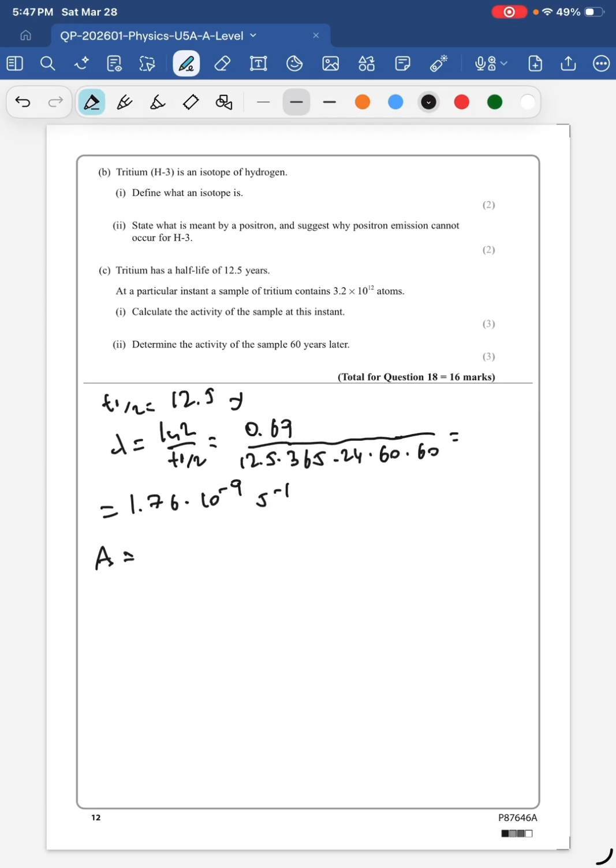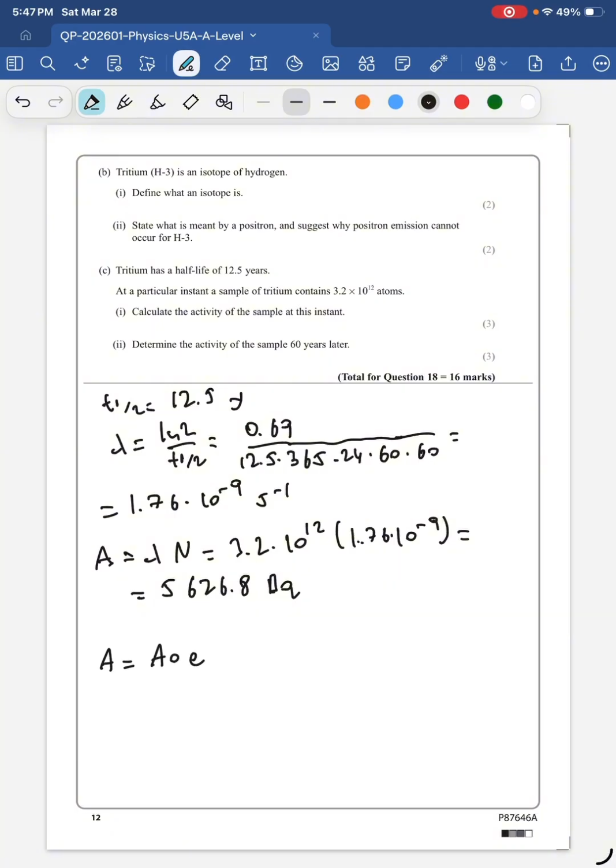The activity is given by multiplying the decay constant with the number of nuclei. So that's 3.2 times 10 to the 12 times 1.76 times 10 to the negative 9. So that's 5,626.8 becquerels. Okay, part 2, determine the activity of this sample 60 years later. So A is A naught e to the minus lambda t, right?